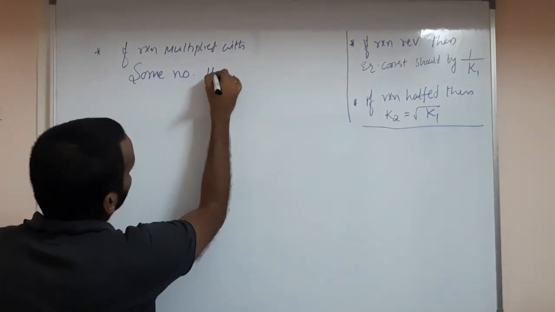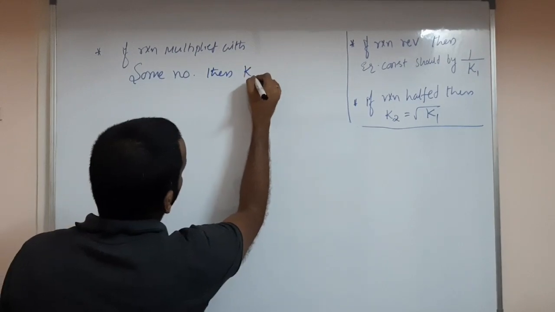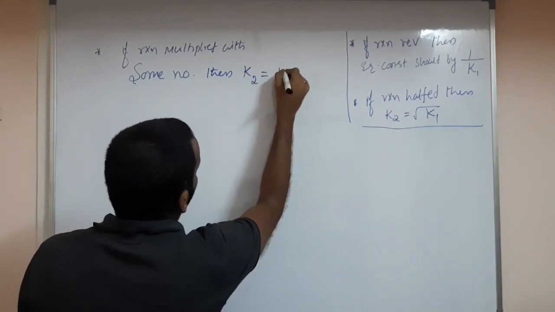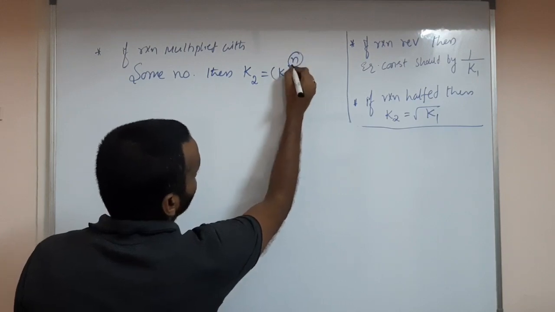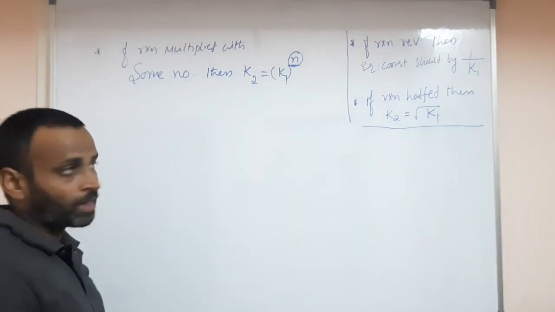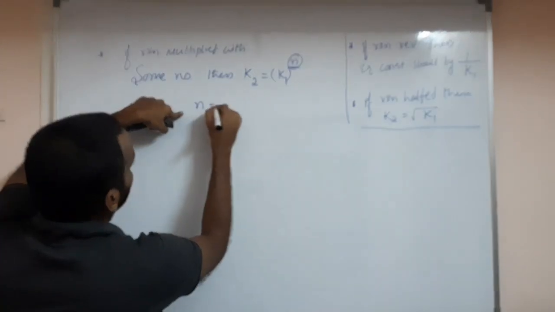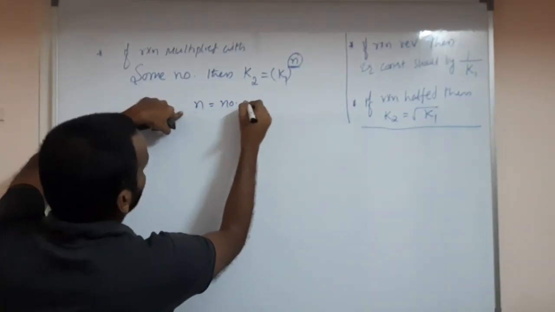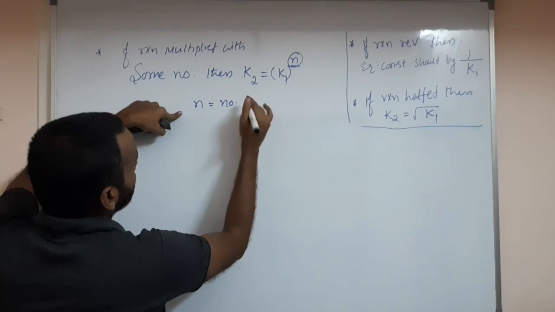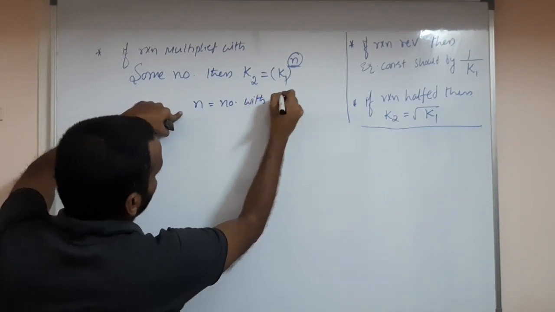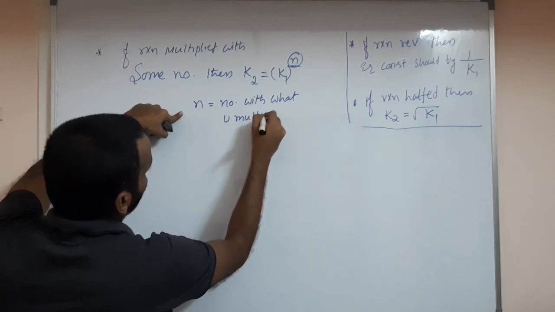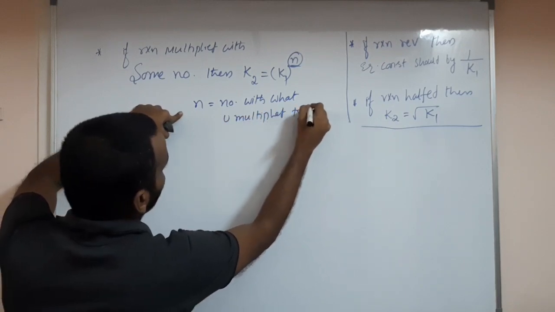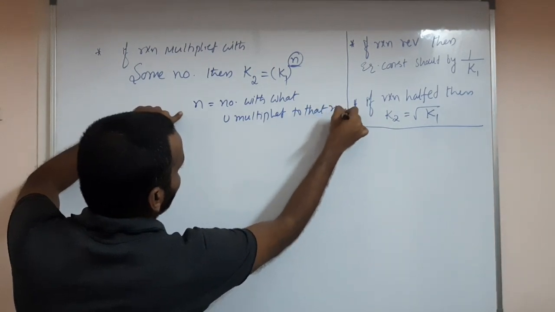So if a reaction is multiplied with some number, then K2 is equal to K1 power that particular number you multiplied with. This n is the number you multiplied to that reaction.